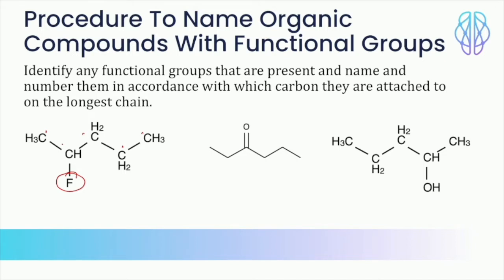We're not going to build onto it too much because we'll build on this concept in the next slides. But what I want you to take from this is the process. So I've identified the 5-carbon chain, and I've identified that this has a fluorine functional group attached to it. And as you know, we're going to use pent, and this thing has the prefix fluoro, as it's a halogen.